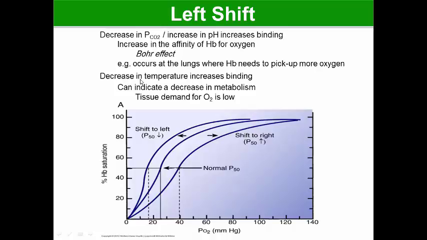The decrease in the temperature, which we have again at the level of the lungs, increases binding. So, when the metabolism is increased at the level of the tissues, this decreases the binding affinity of hemoglobin with oxygen, and the curve is shifted to the right, not to the left. So, oxygen is delivered to the tissues.